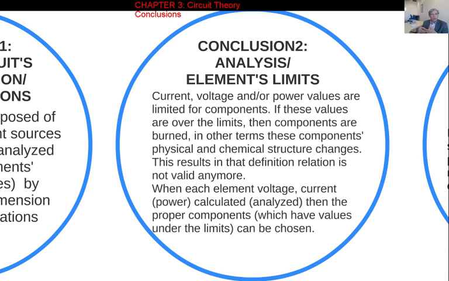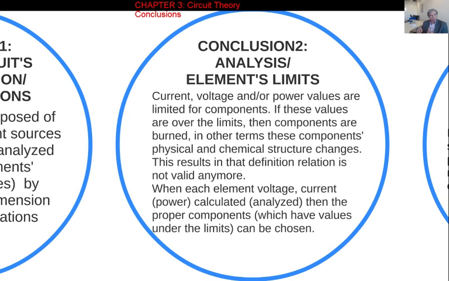So let's say before you go to lab, you're going to do the analysis on paper by using pencil manually or by using MATLAB, whatever. So let's say you have chosen a 5 ohm resistor, and then you analyze the circuit, find this resistor's current and voltage, and find the power.